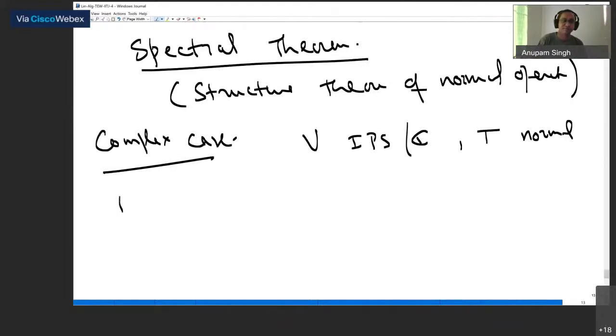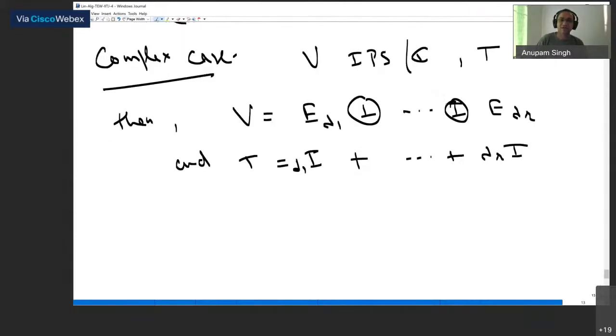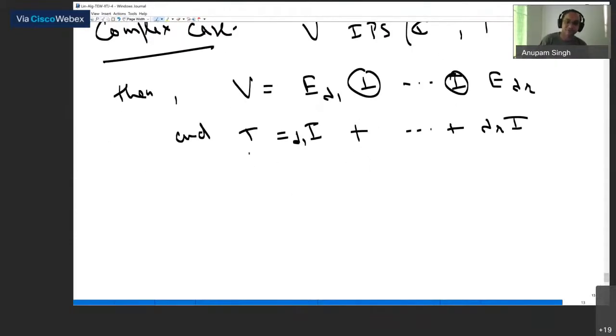Then V can be written as the direct sum of its eigenspaces E_lambda_1 through E_lambda_R, and T is simply lambda_1 times identity plus up to lambda_R times identity. That means if you choose these eigenvectors as a basis, then the matrix of T will look like simply lambda_1, lambda_1, lambda_1, and so on, then lambda_R, lambda_R, lambda_R.